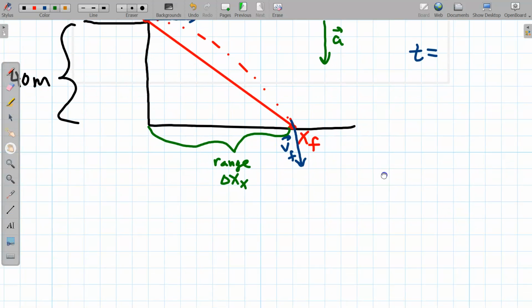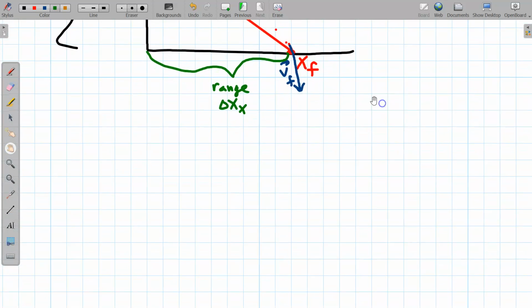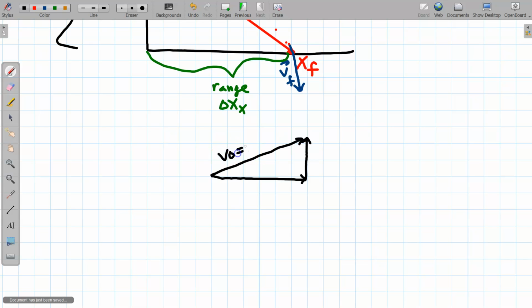Alright, the first thing I'm going to do is deconstruct the initial velocity. In this case, my original speed was 30 meters per second, and in the y direction, it's going to equal 0.